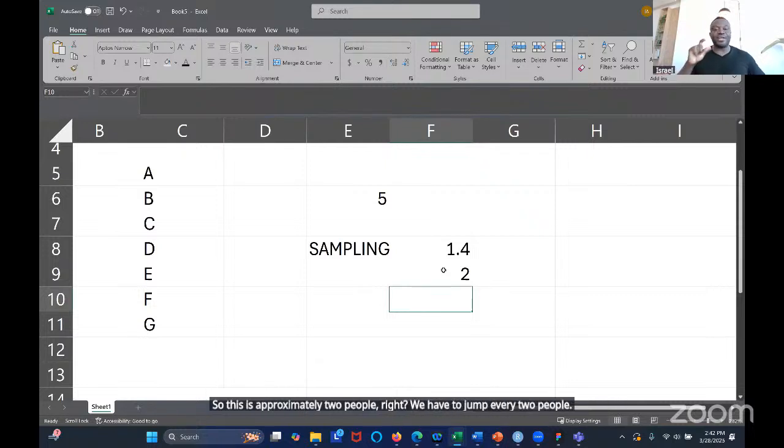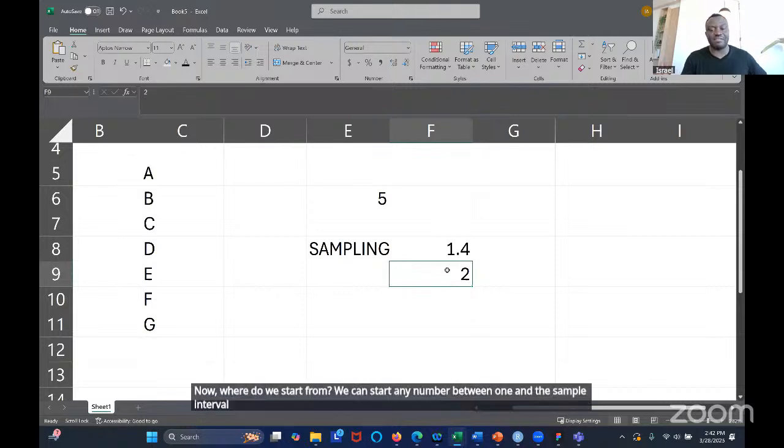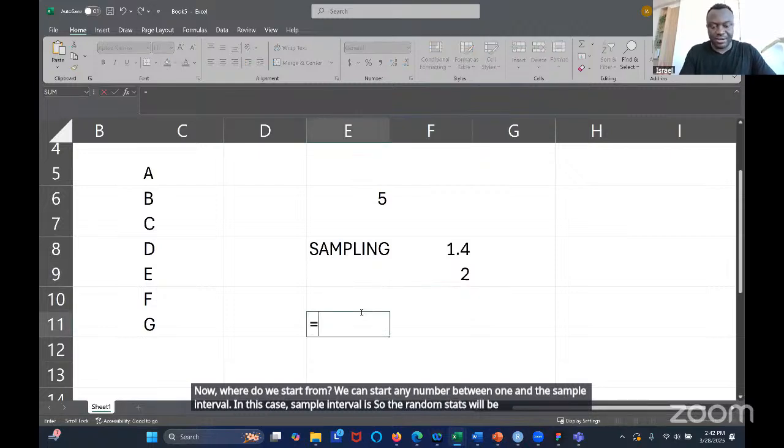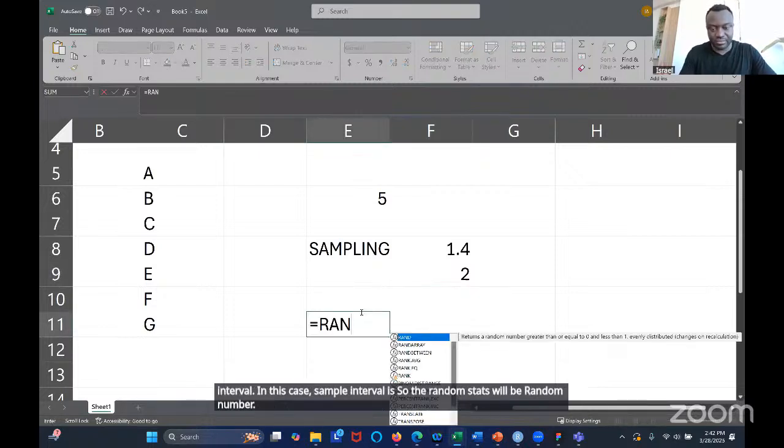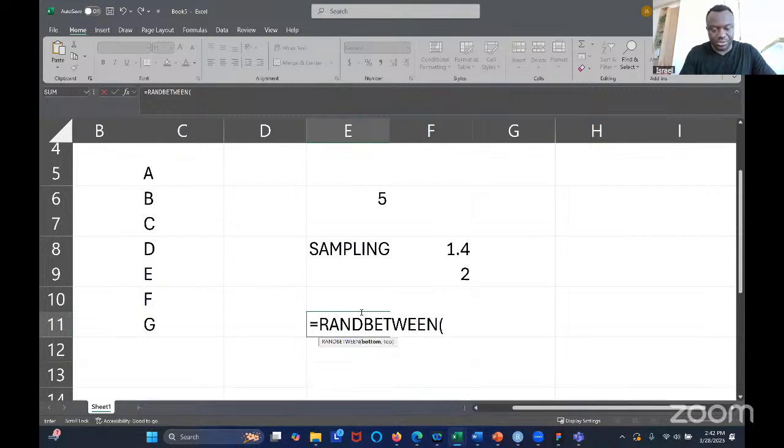Now, where do we start from? We can start at any number between 1 and the sampling interval. In this case, the sampling interval is 2. So the random start will be a random number between 1 and 2.